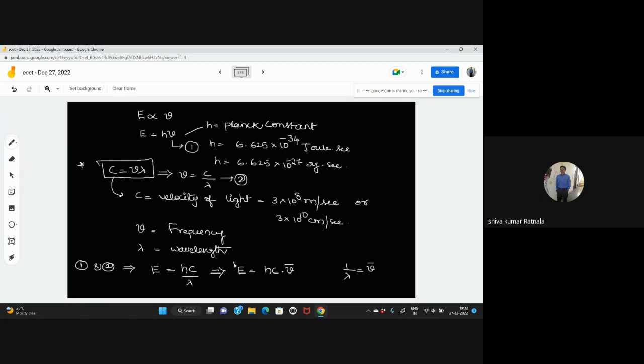Here nu bar is the wave number, right? Okay, so these formulas you need to remember: E equal to hc by lambda and E equal to h nu. You need to remember these formulas.